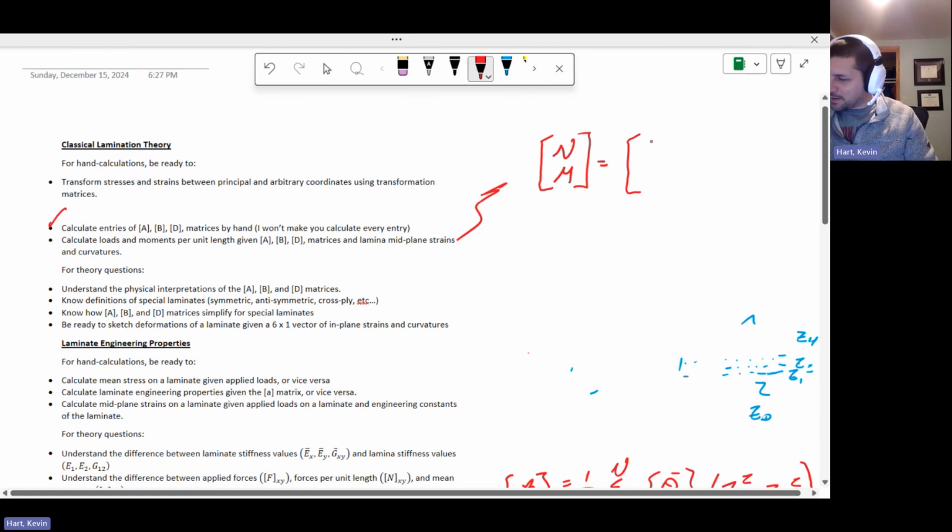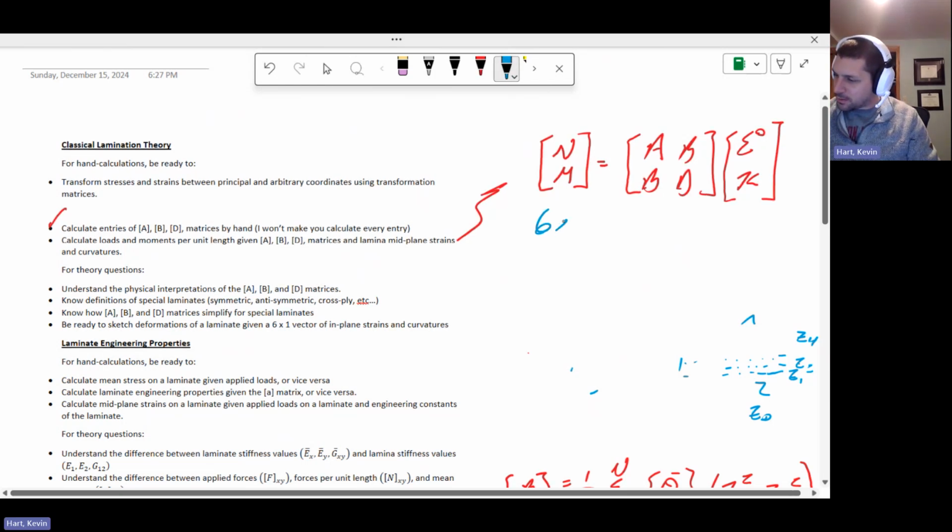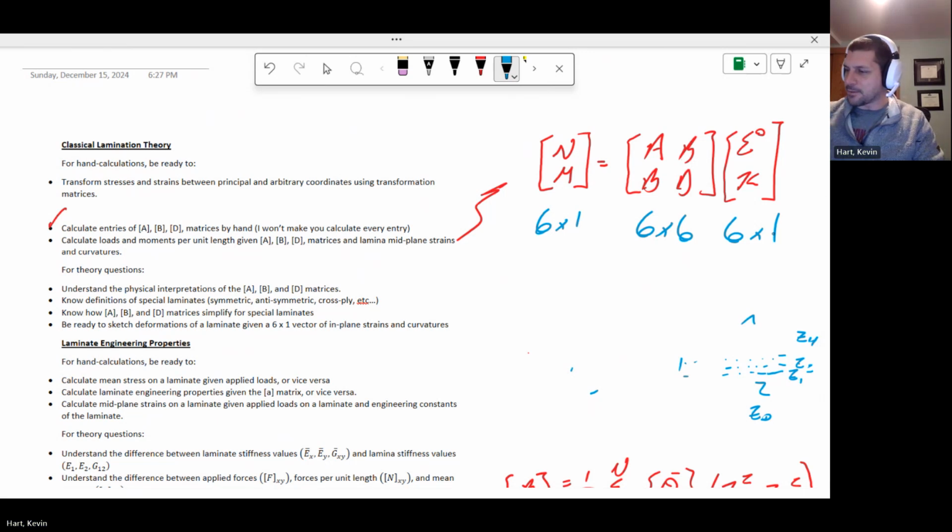If you have ABD and you have midplane strains and curvatures, this is your calculation. And remember, this is a 6x1, this is a 6x6, and this is a 6x1. Okay? So that's the most simplistic way that you can represent the formula.